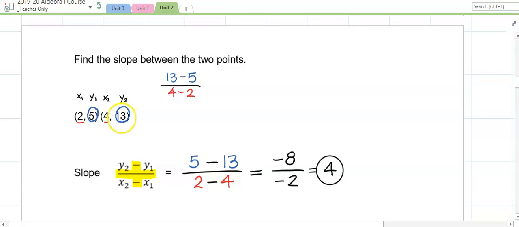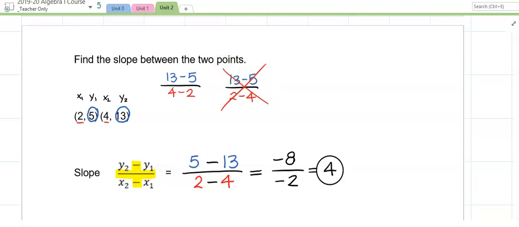However, it's been my experience that when people do it that way, sometimes they might start off doing 13 take away 5, but by the time they get down to the denominator, they forget to go back to the second point and they do 2 take away 4, and now the slope is wrong.